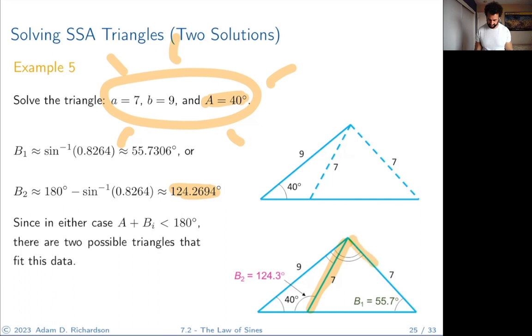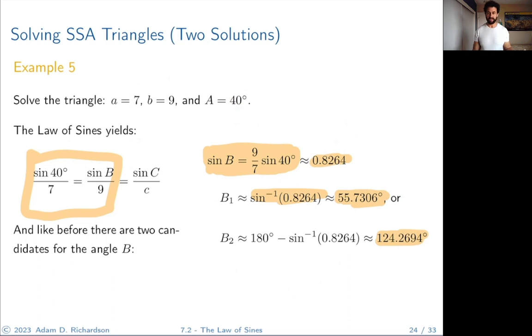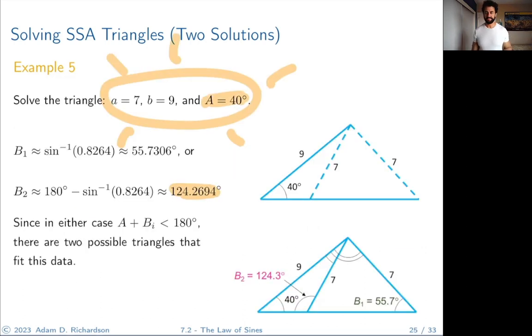It could swing this way or it could swing this way. That's why this is an ambiguous case. Again, none of this needs to be memorized. All of this information just comes out of using the law of sines. Once you have the law of sines and you follow your nose, everything falls into place.